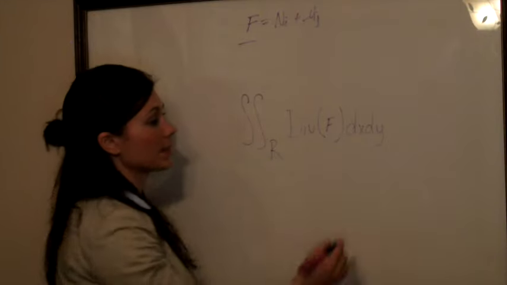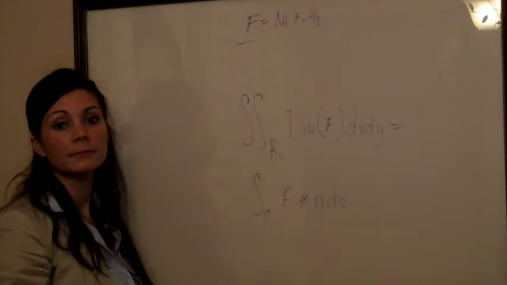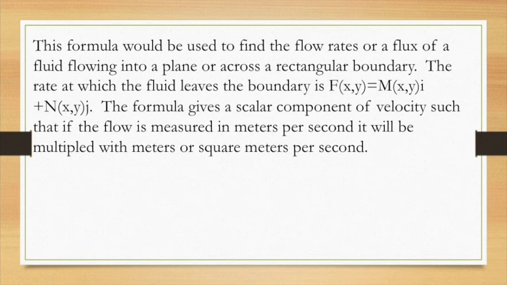And this is going to simply equal our single integral for C, and then flux, we're going to multiply that by the n ds. This formula will be used to find the flow rates or a flux of a fluid flowing into a plane or across a rectangular boundary.